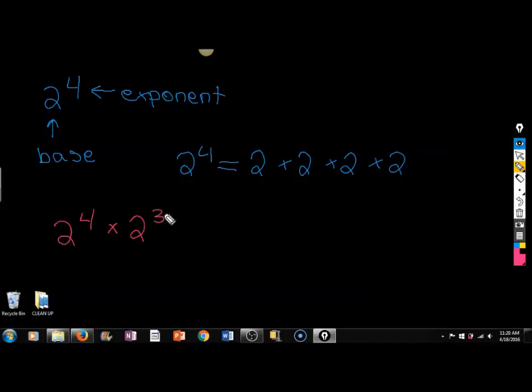So we have a total of 7 factors of 2 that will look something like this. I'll open a parenthesis. It'll be 2 times 2 times 2 times 2, that's 1, 2, 3, 4, times 2 times 2 times 2.